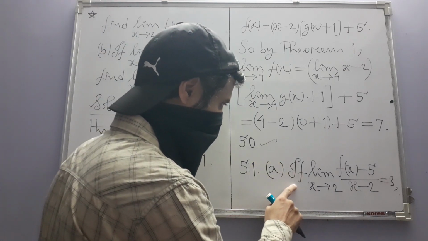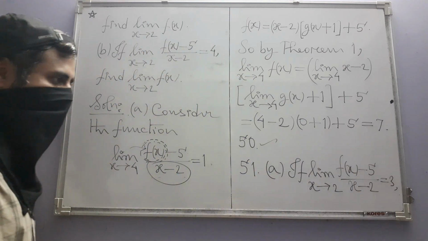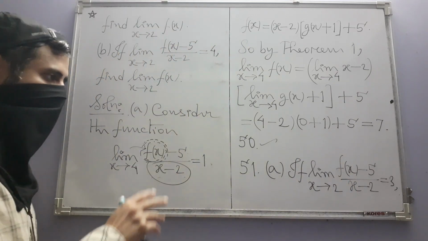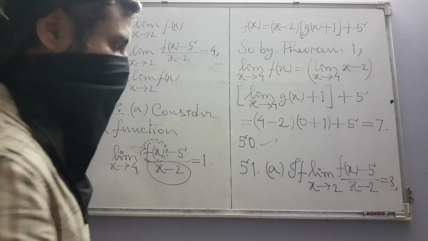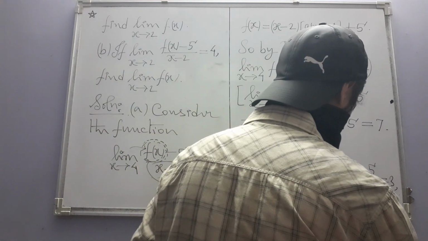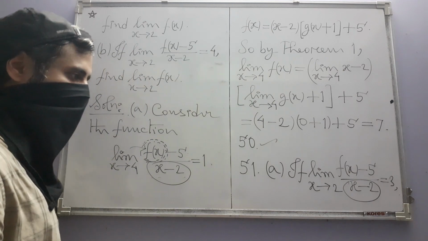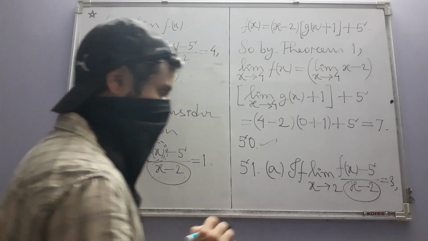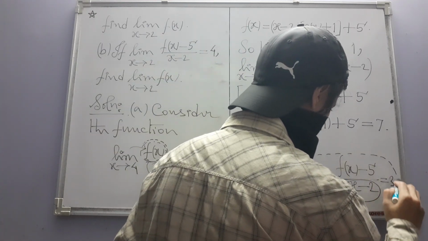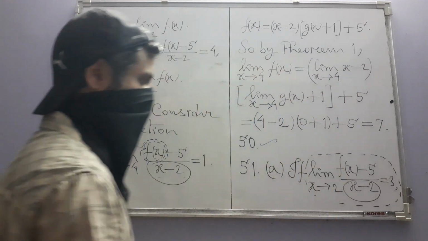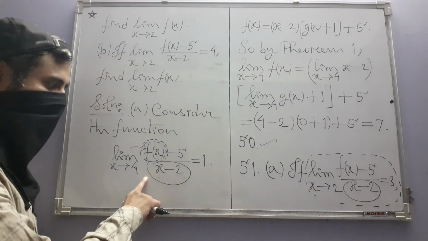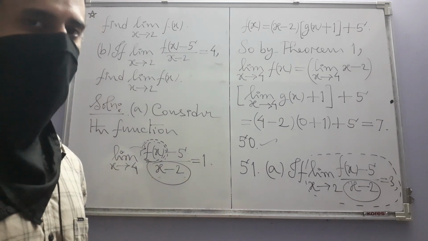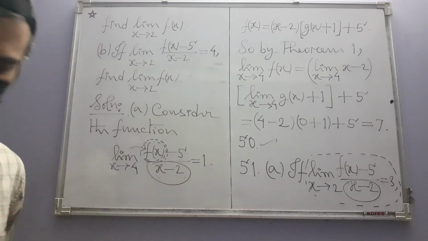But then they come to this part, and here you cannot even apply that quotient law of limit, because if you just blindly take the limit of x minus 2 as x approaches 2, that is 0. So it's not applicable. That would tell them that something is wrong. Then maybe they would go back to this and realize that this solution is not correct. But now anyway we know.